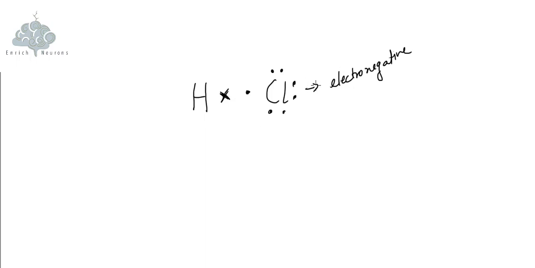Because electronegativity is a property in which you have more ease to take electrons, in this molecule the bond is not equally shared between hydrogen and chlorine. The electrons between hydrogen and chlorine move more towards the chlorine.